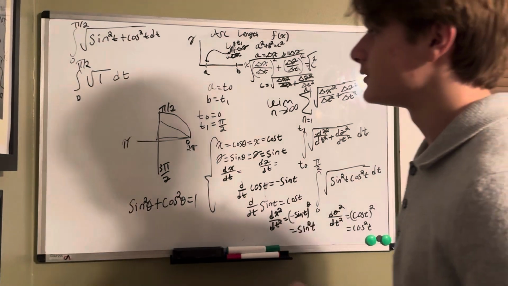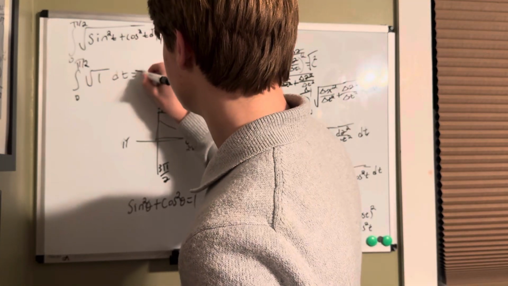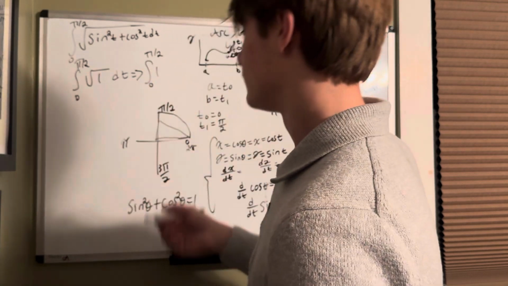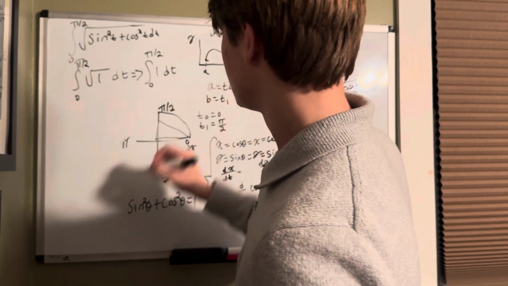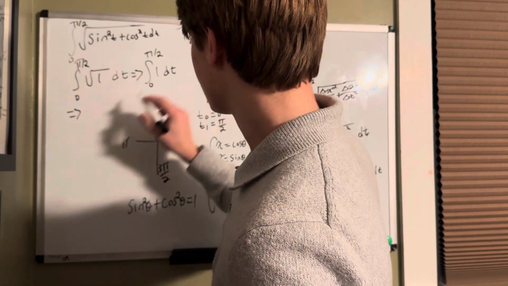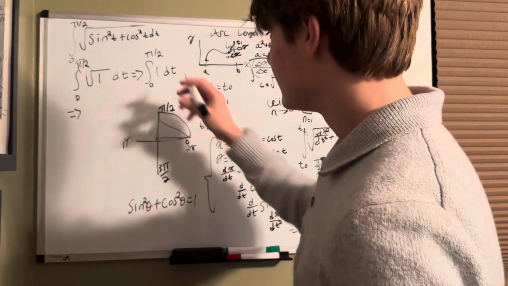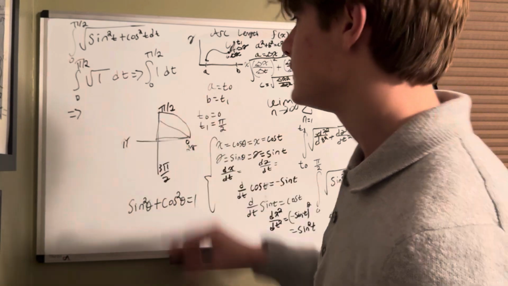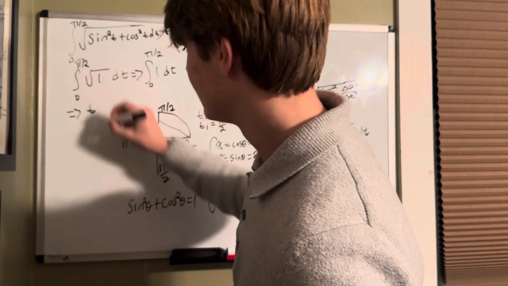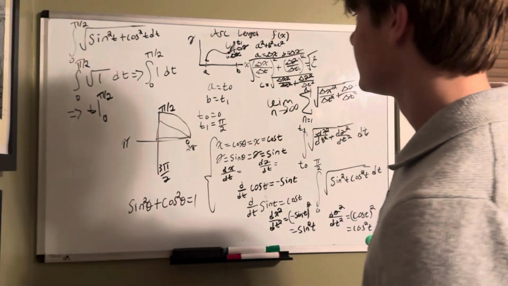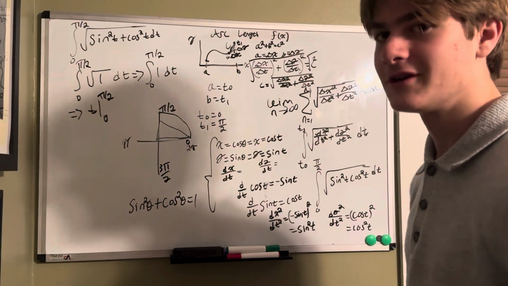Now we can simplify this. We get 0 to pi over 2 of 1, since the square root of 1 is 1, with respect to t. The antiderivative of 1, with respect to the variable t, is t, from 0 to pi over 2 as our limits of integration.